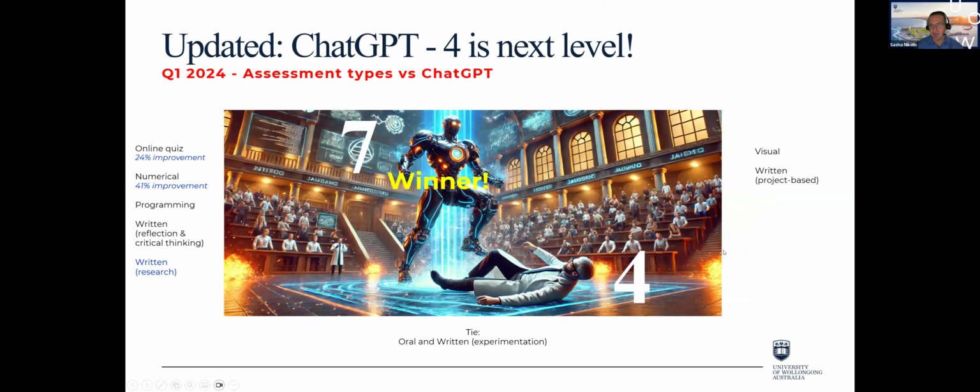So the ability of engineering education assessment to win is down to only 2 assessment tasks. We remain a tie for 2. Written research has come over across to the GenAI side, and the performance on quizzes and numerical assessment tasks has improved substantially.